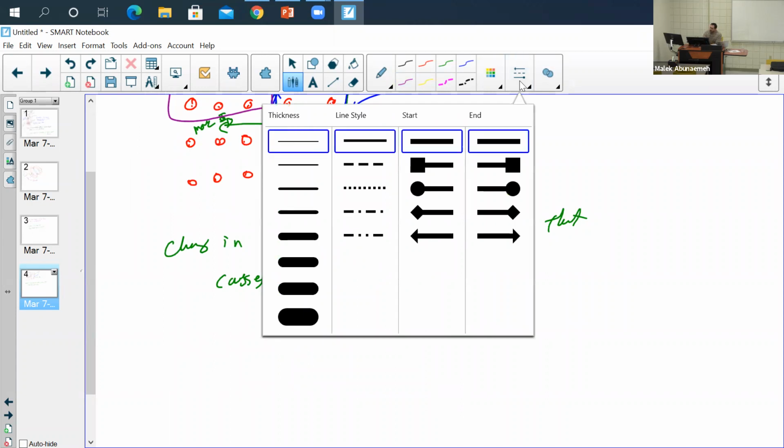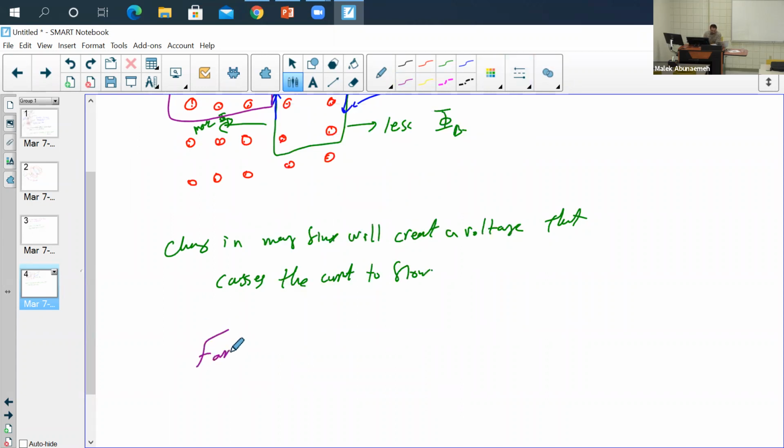Faraday's law states that the voltage generated, let me go voltage generated, is going to equal minus N change of magnetic flux divided by the change of time.